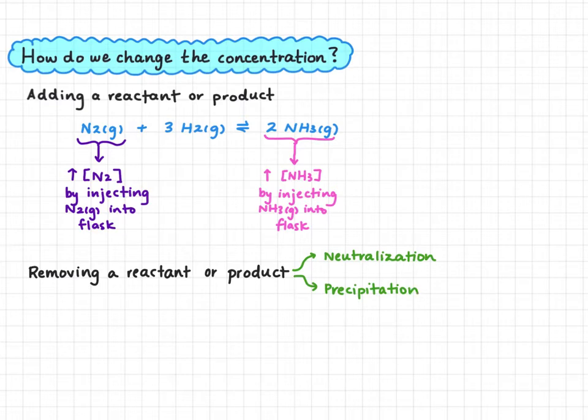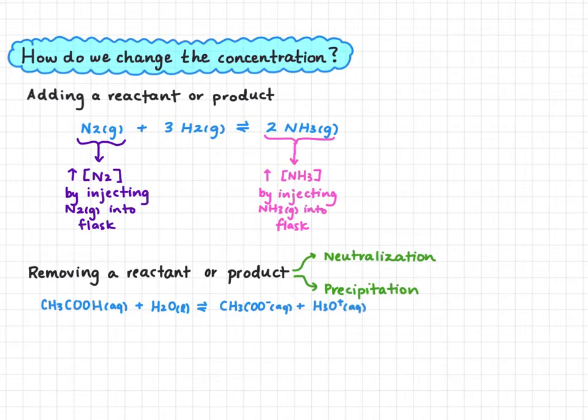So we'll look at both of those really quickly and talk about how these reactions can alter the concentration. So imagine we have an acid-base equilibrium. So we have acetic acid, CH3COOH, reacting with water to form acetate and hydronium ions.